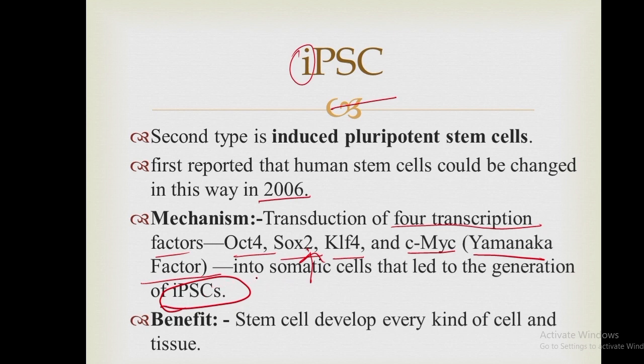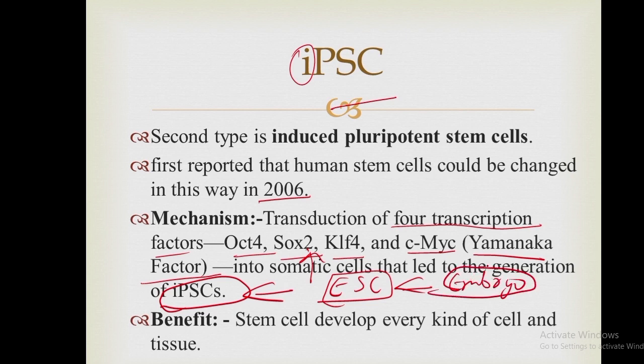And one more benefit of this iPSC is, when we are using ESC, embryonic stem cells, it has one drawback. The drawback is that because we are using the embryo, it is unethical for research.